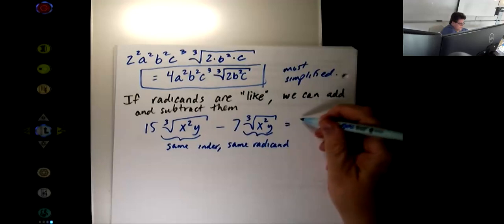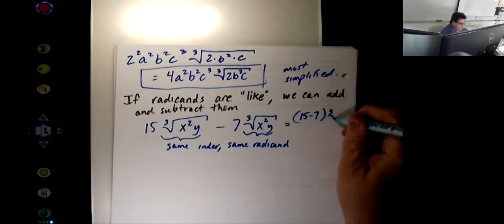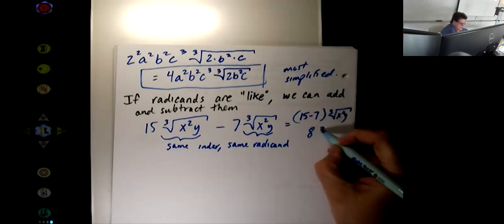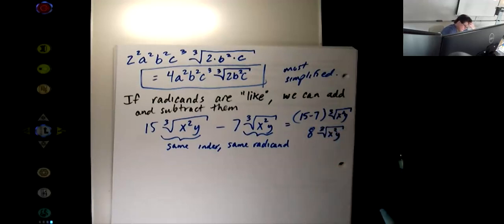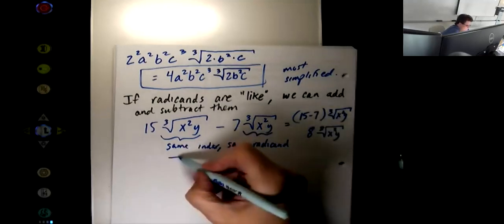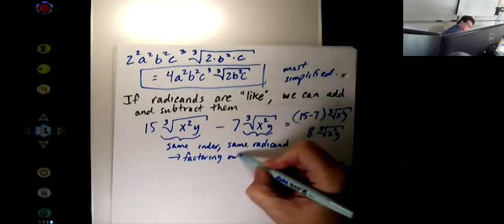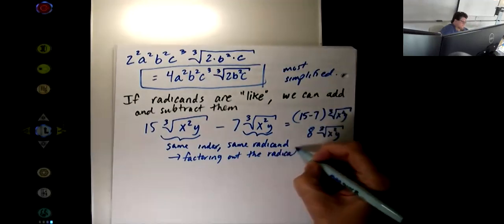So I can treat this as 15 minus 7 times the cube root of x squared y, or 8 cube root of x squared y. We're effectively factoring out the radical.